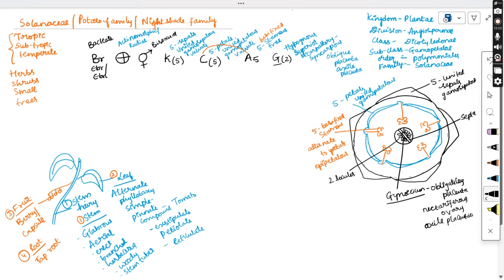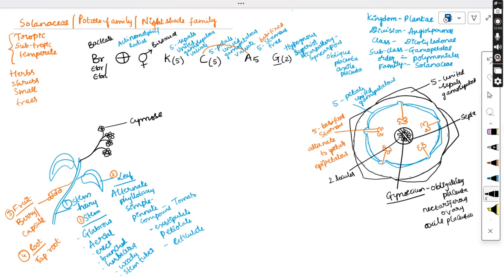Whatever the flowers are there, we already discussed the different characteristics of the floral. The flowers present here show the cymose type of inflorescence, meaning the tip of the floral axis is always occupied by a flower, and all the branches end with terminal flowers. That type of inflorescence is called cymose.